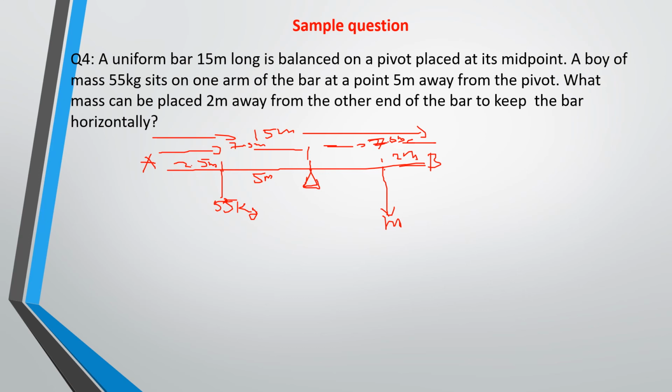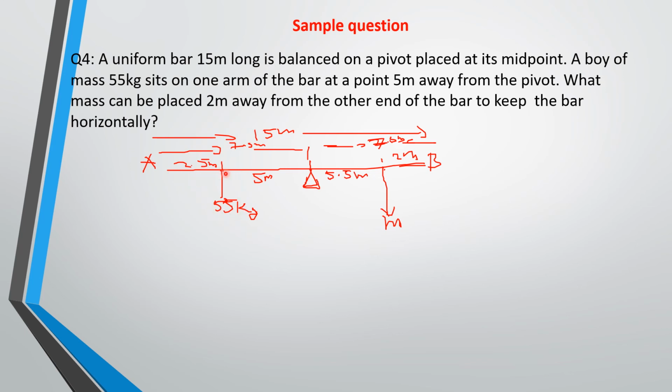So if this is 2 meters, the distance here will be 5.5 meters, because the rule balances at the center, 7.5 meters each side. So from end B to M is 2 meters, then from M to the pivot is 5.5 meters.